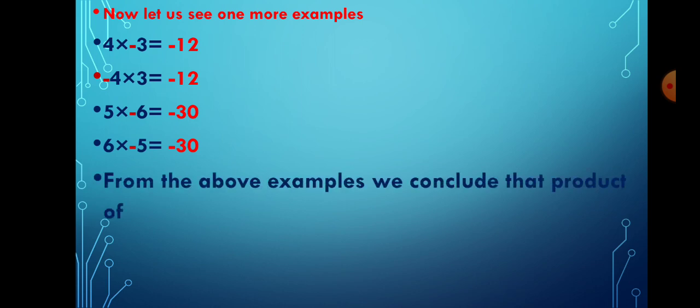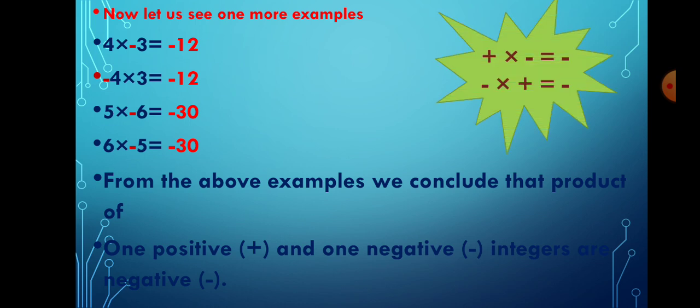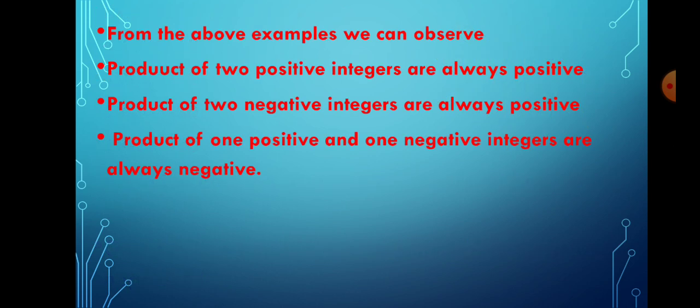From the above examples we conclude that the product of one positive and one negative integer is always negative. Plus into minus is always minus, minus into plus is always minus. Okay children, is it clear? Now some properties.